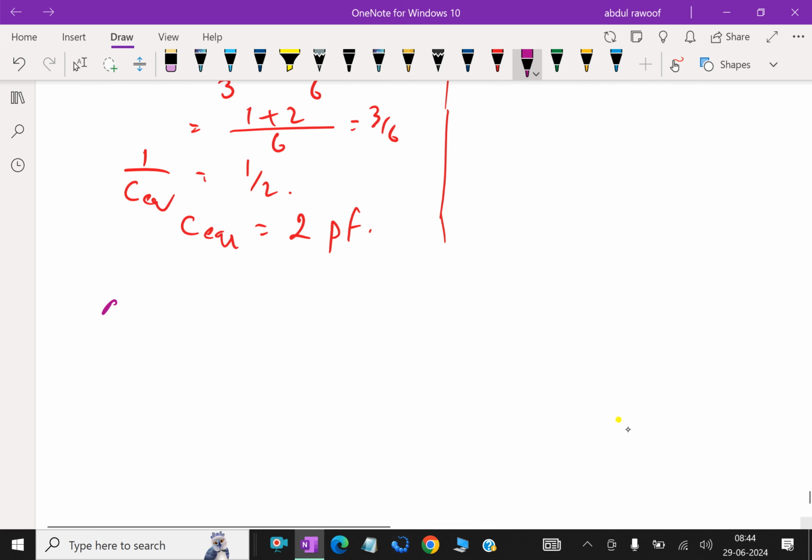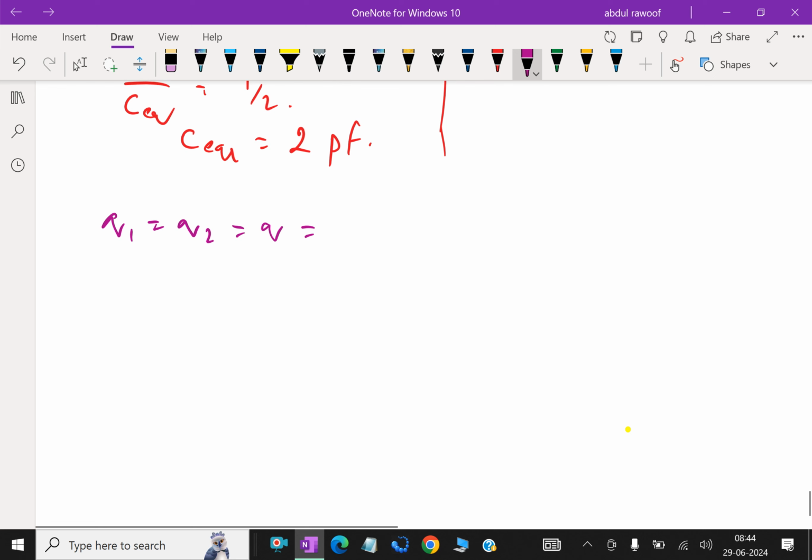Q1 equals Q2 equals general Q, which is equal to C equivalent into voltage.